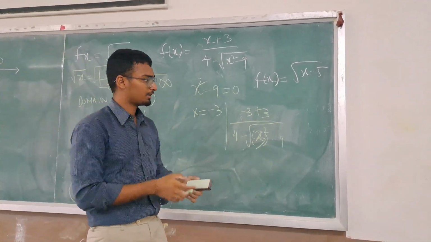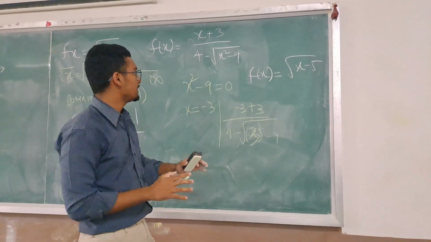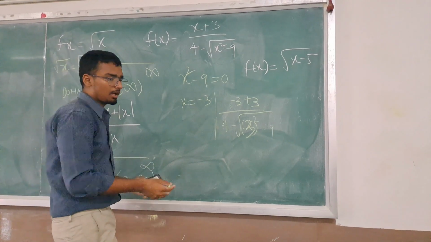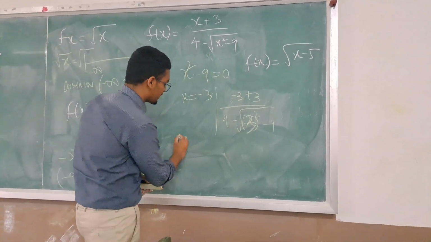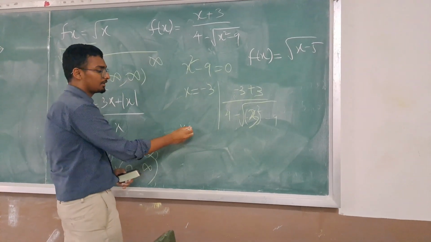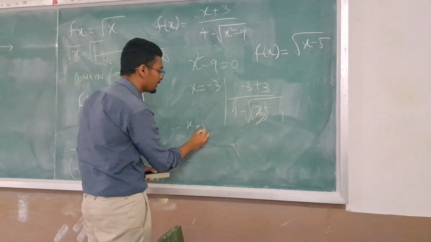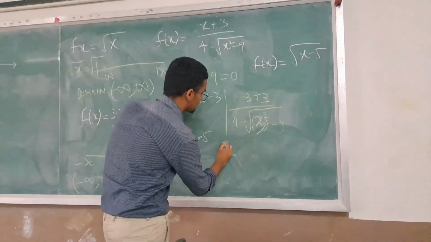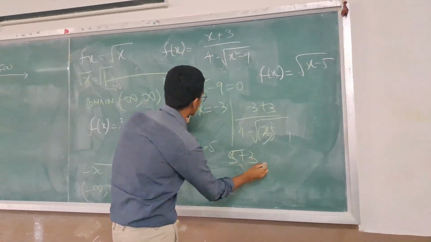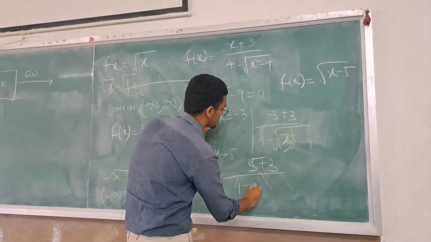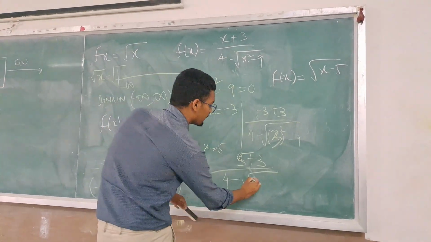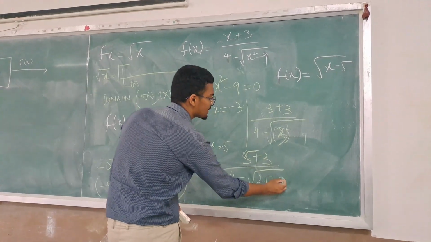Next, the term 5 will not be included in this solution. I will show you. Consider we take x as 5, substituting in that, 5 the whole square will be 25 minus 9.